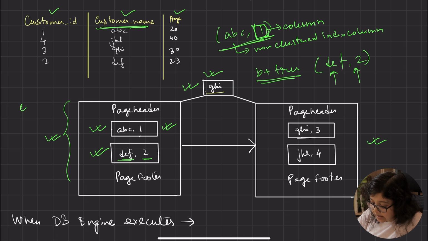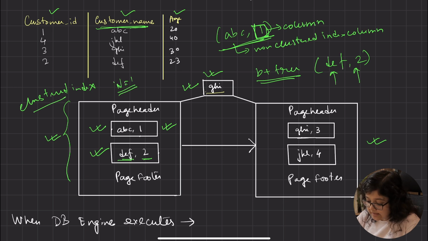From this record, the database engine will understand that the value of the clustered index column is 1. So now it will start searching in the clustered index for the record with ID equals 1. As the clustered index contains the actual records of the table, once we reach the record with ID equals 1, that will be the desired page that we are looking for.